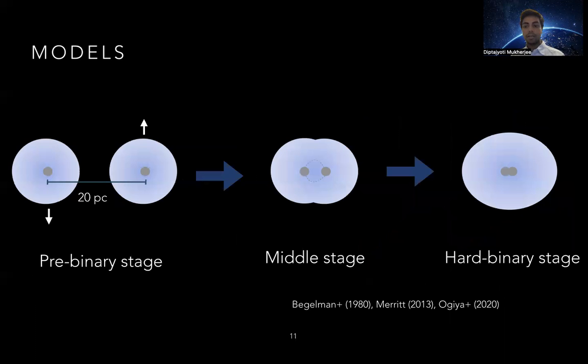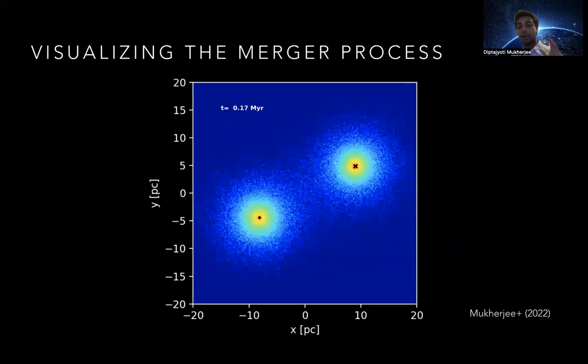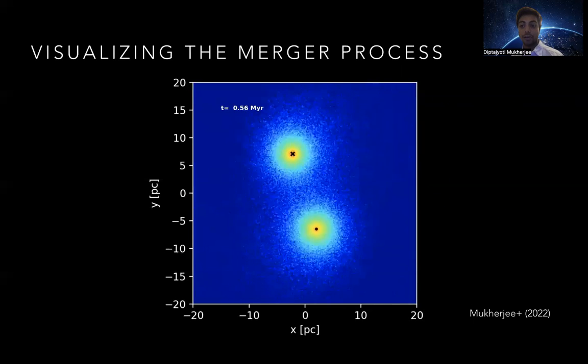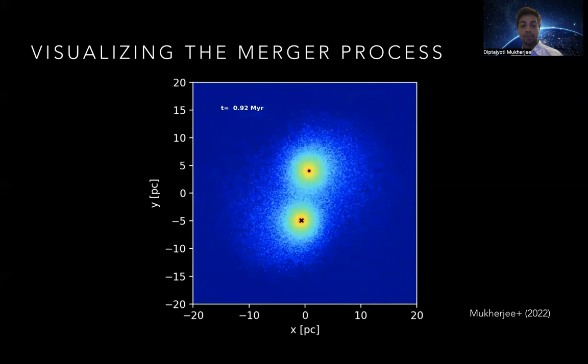So once we generate these nuclear star clusters, we set them about 20 parsecs apart from each other in circular orbits, and in eccentric orbits in some instances, and we let them merge and see what happens over time. Just to give you an idea of what actually goes on in our simulations, here I've presented an evolution of a nuclear star cluster merger with massive black holes inside over the course of 2 million years.